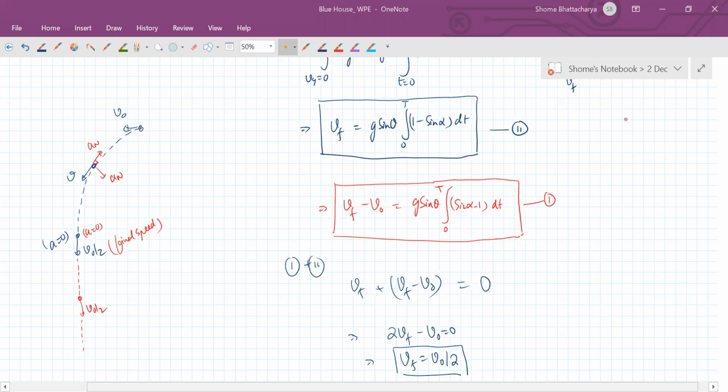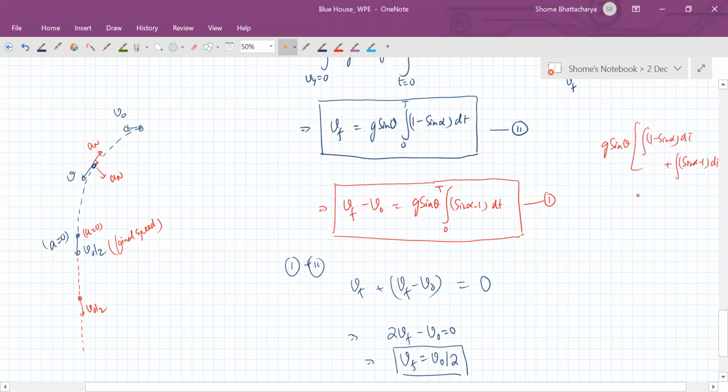Yeah, we just add these two, no? So you take g sine theta common, and when you add the integrations, it just cancels, no? You have integration of 1 minus sine alpha, plus integration of sine alpha minus 1. So it just cancels now, because this is minus of this.